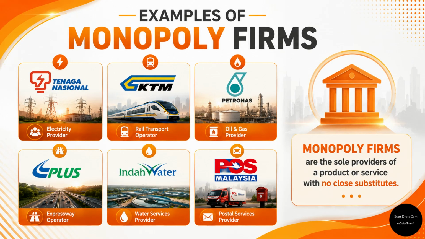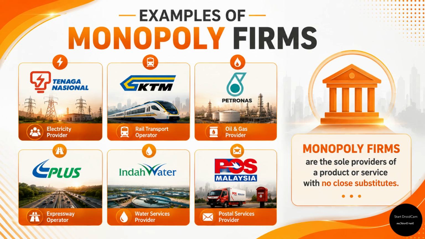Before looking at the theory, let's relate monopoly to some familiar examples. This slide shows several Malaysian organizations used in this lesson to illustrate monopoly type situations, such as Tenaga Nasional for electricity, KTM for rail transport, Petronas for oil and gas, Plus for expressways, Indah Water for water-related services, and Post Malaysia for postal services.